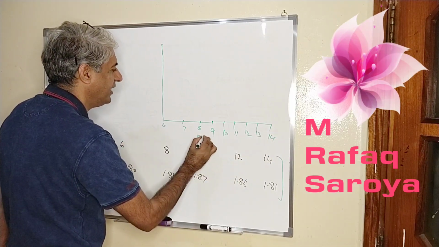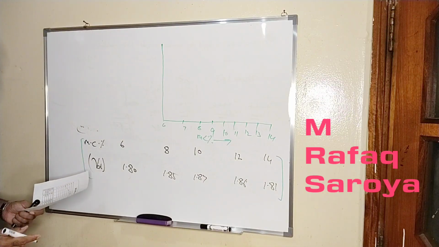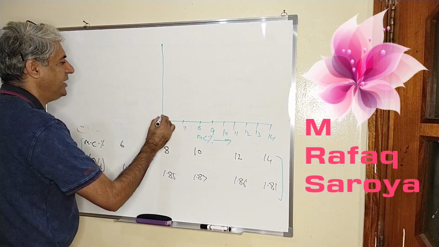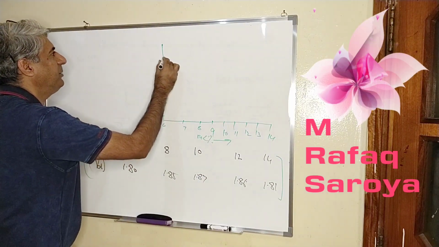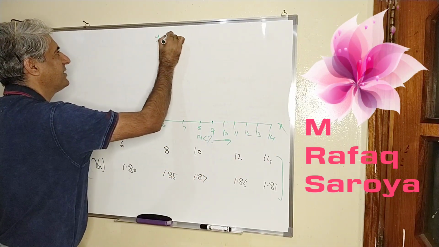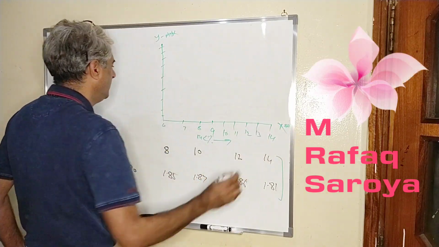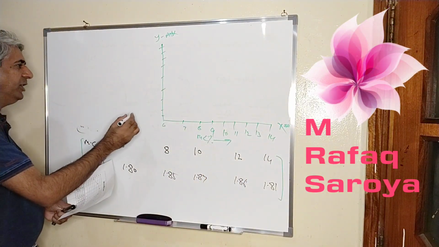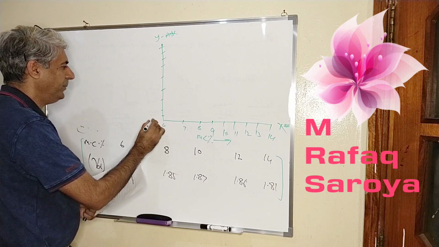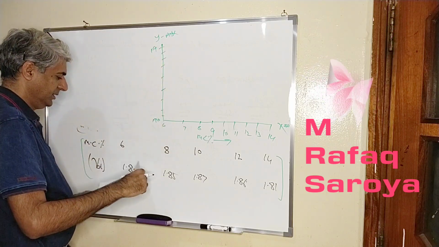This is the moisture content percentage going in this direction. This is known as the x-axis and this is known as the y-axis. Over here, I will write down 1.70 up to 1.9.